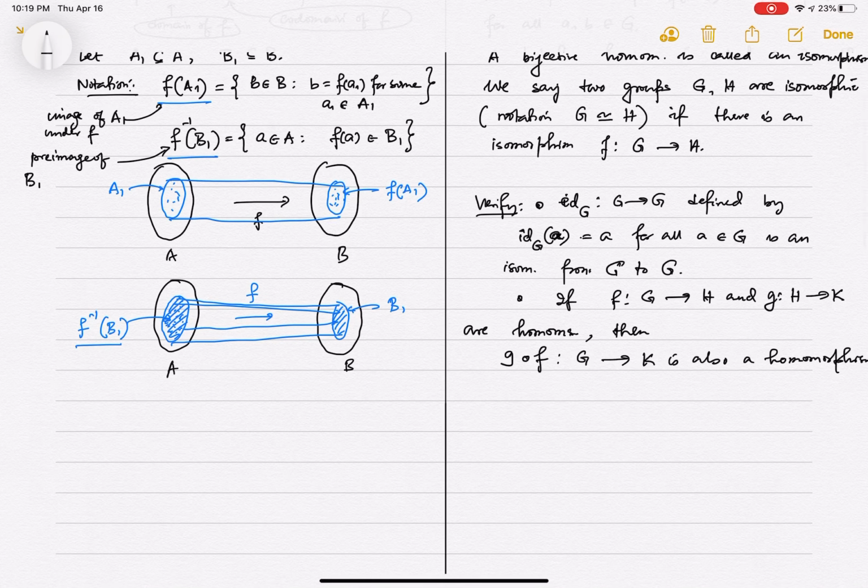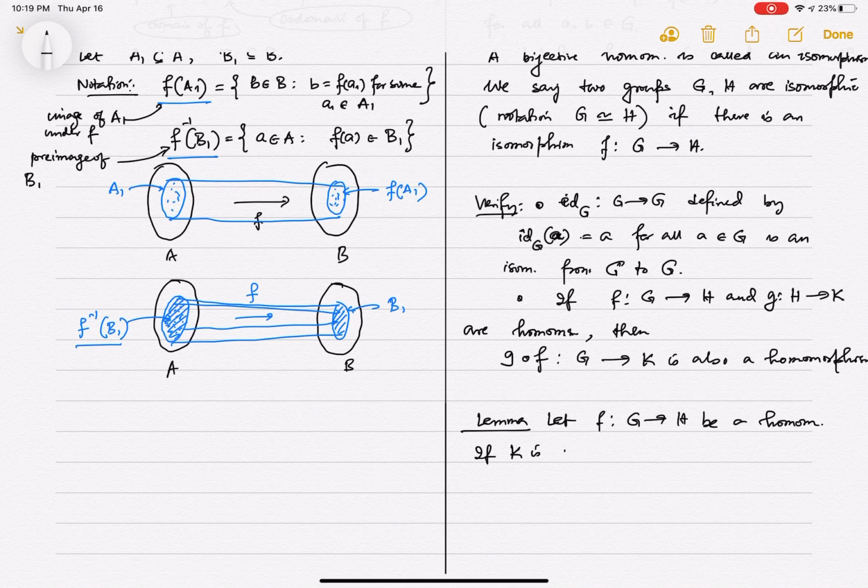We'll give examples in a second, but I want to just quote one lemma that illustrates this fact that when you have a homomorphism, you get a link between these two groups. So let f from G to H be a homomorphism. And by homomorphism here, I mean group homomorphism.